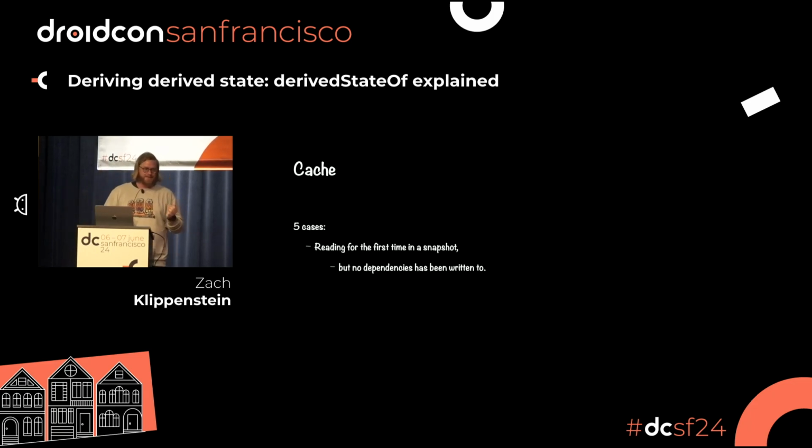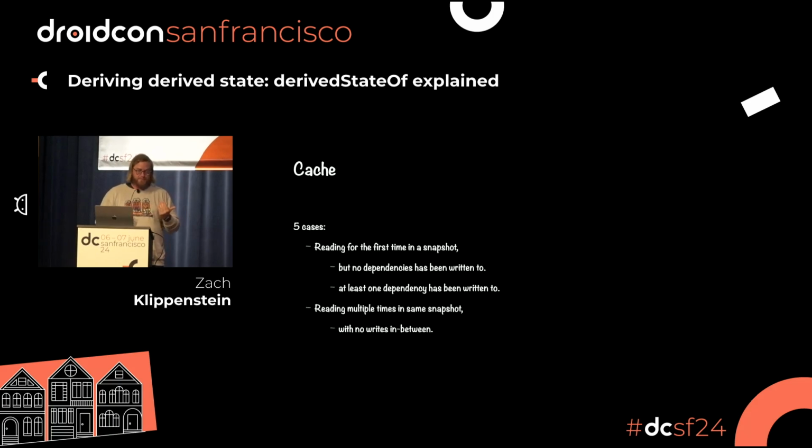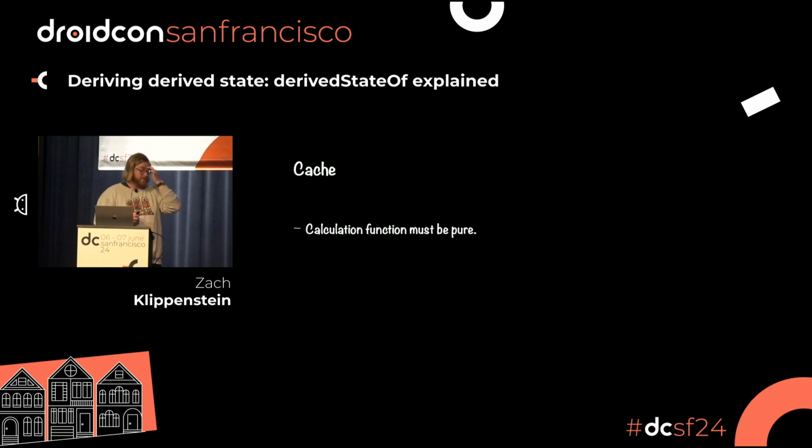When it's read for the first time in a given snapshot, and no dependencies have changed. It's read for the first time in a snapshot, and some dependencies have changed. After it's been read already in the snapshot, but nothing has changed in that snapshot, or maybe something has changed in that snapshot. And it has to handle the case where you're reading a derived state that reads another derived state ad infinitum.